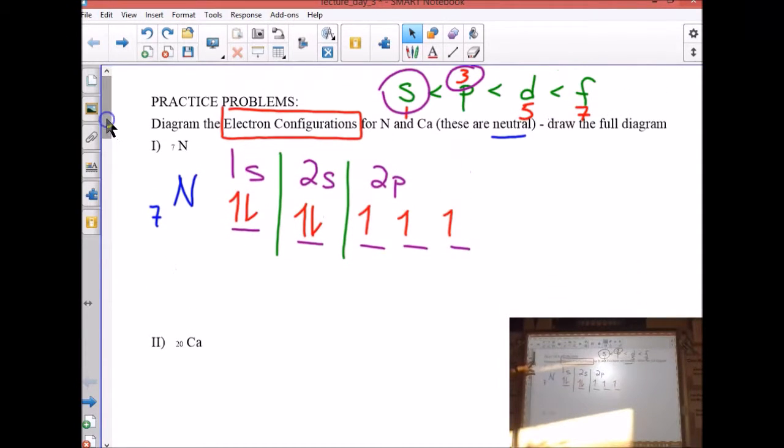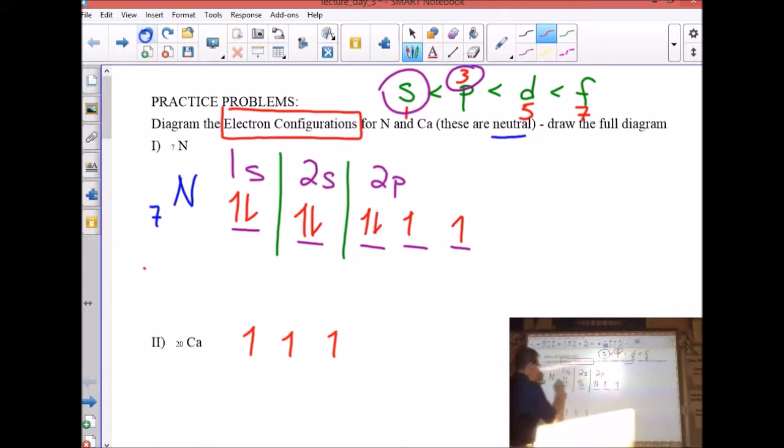Wait, so how do you know whether or not to add... What do you mean? The first two have one up and one down, and the third one just has 3 up there. Good. Let me get that back. If I had oxygen instead of nitrogen, now I would start to double up.